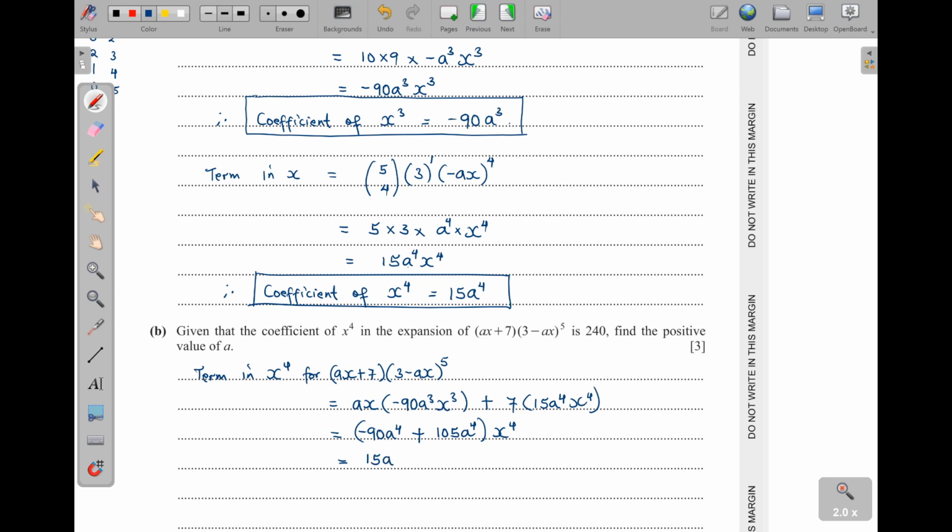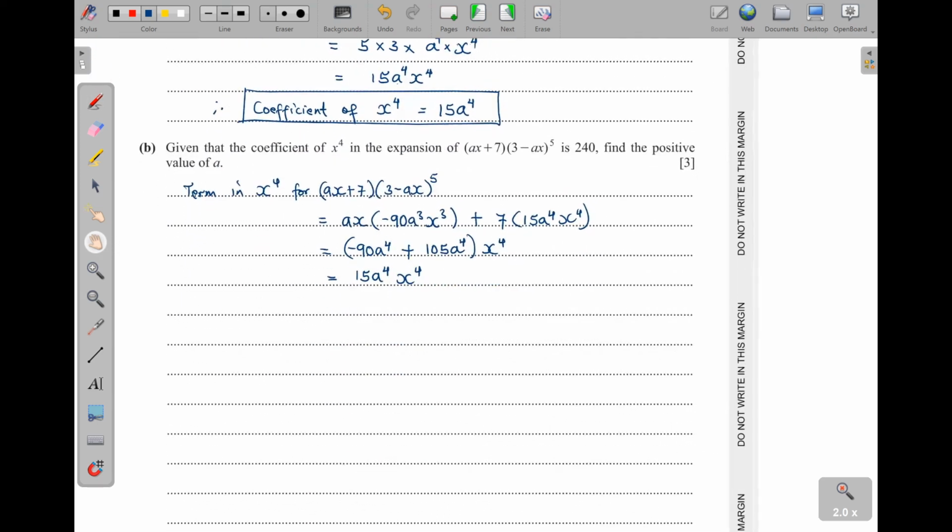So we shall have 15a to the power of 4, then x to the power 4. Now the coefficient of x to the power 4 here is automatically this one. So this is the one that we are supposed to equate to 240. So therefore 15a to the power of 4 is equal to 240.